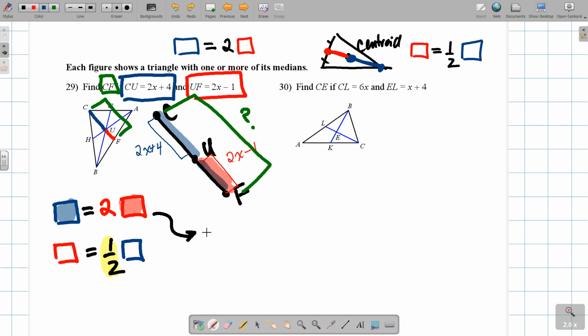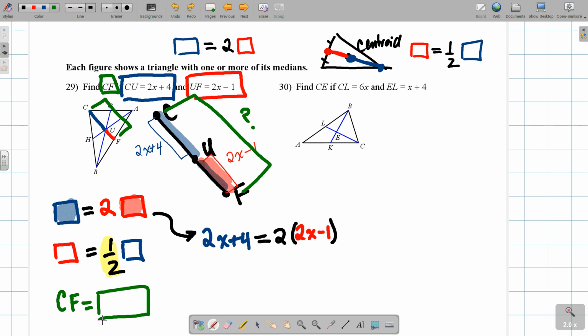So our blue, 2x plus 4, is twice the red, 2x minus 1. You solve for x, and then your ultimate ambition is to find CF. Make sure you actually answer that question.